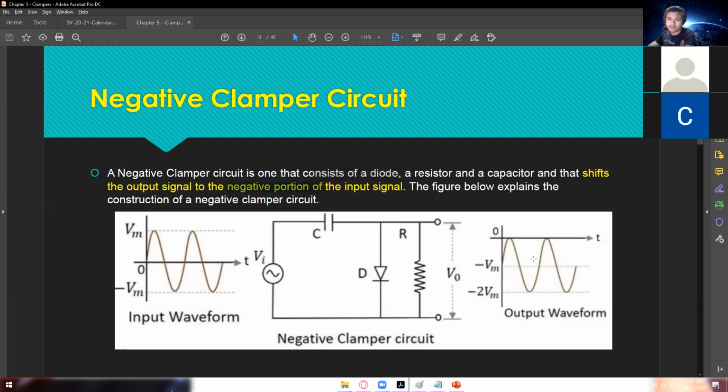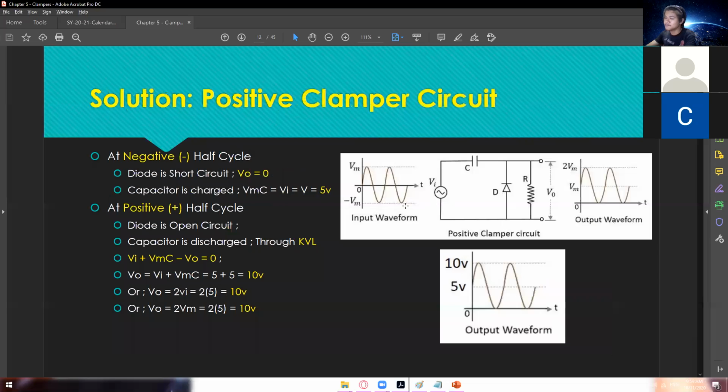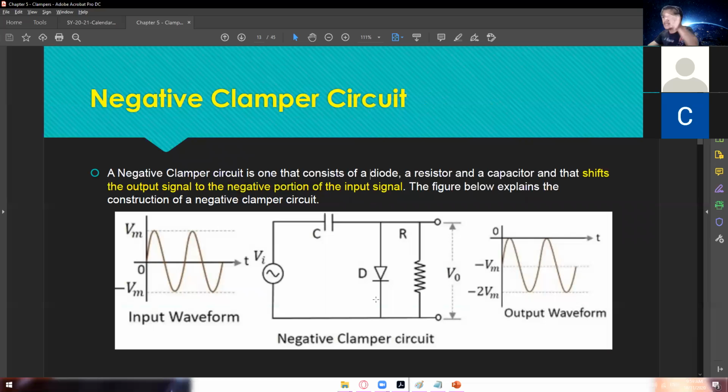The only difference, and the reason it becomes a negative clamper, is the polarity of the diode. Before we had negative, positive, but right now we have positive and negative. So it was simply inverted, or flipped.